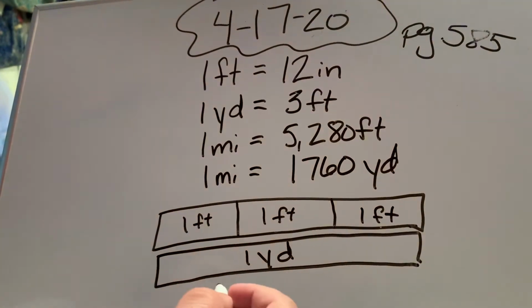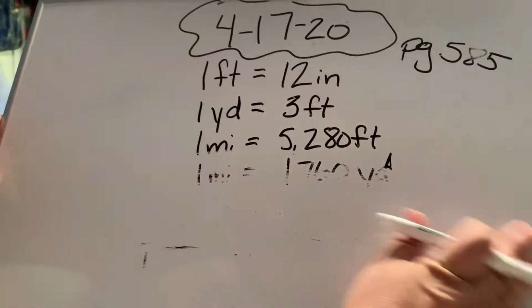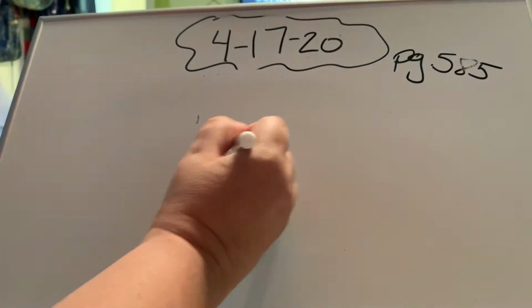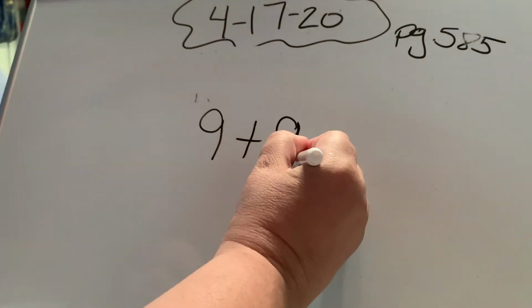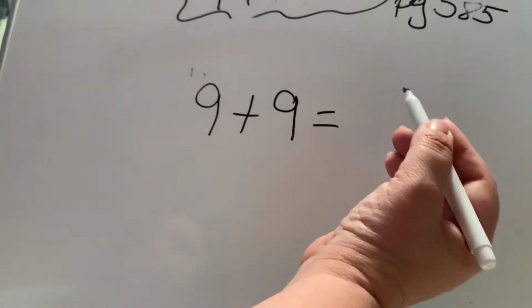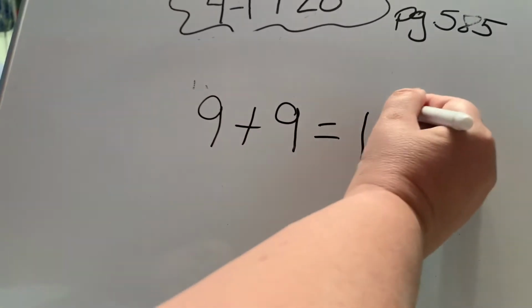Okay, so he is going to need, here, let's erase this part. He is going to need 9 plus 9 feet for the swing part, which would give me 18 feet, right?